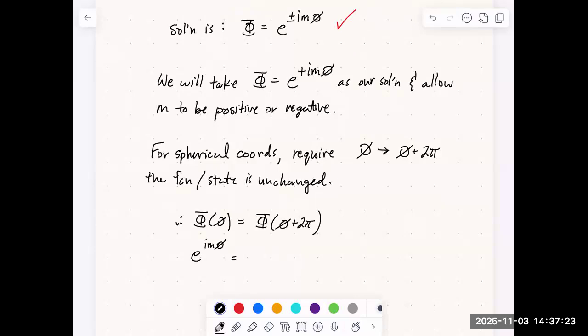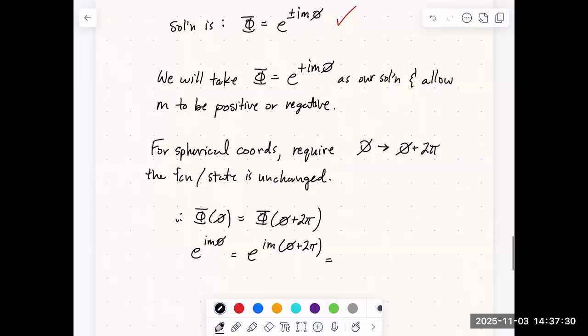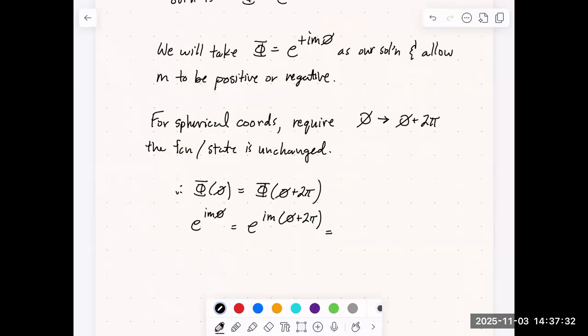So that has to be e to the im times phi plus 2 pi. But then I can separate this exponential of a sum into a product of exponentials. e to the im phi times e to the im 2 pi.